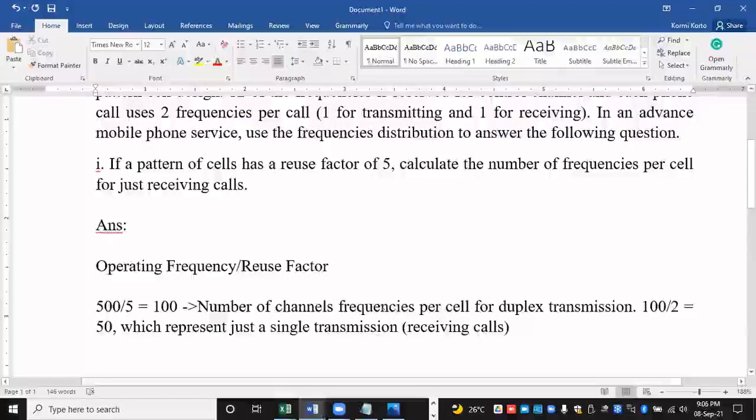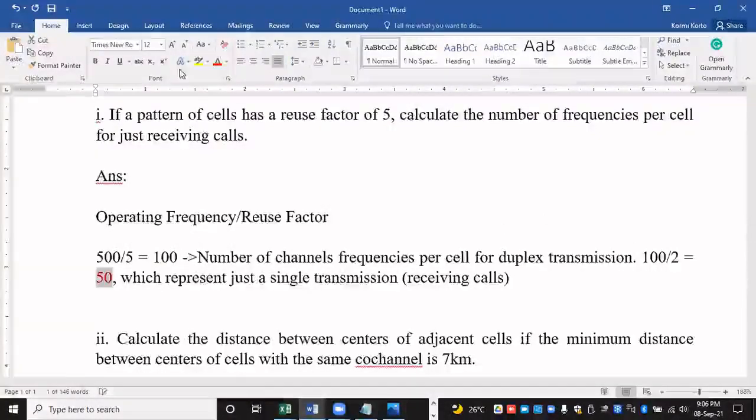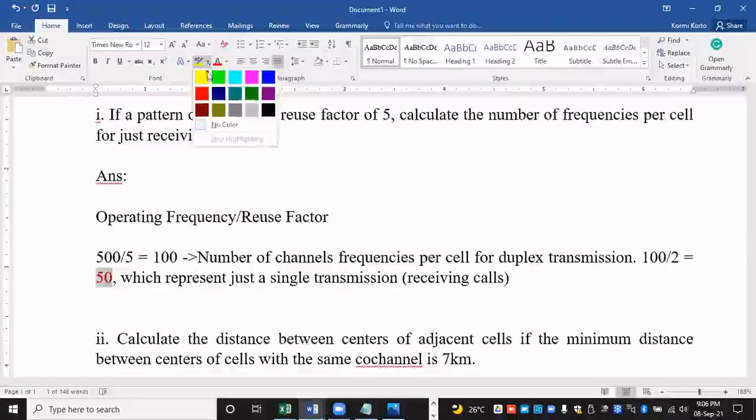So the answer to this question is 50 frequency channels.